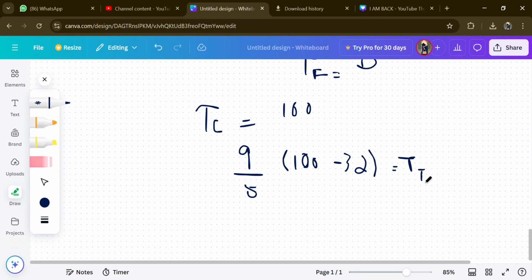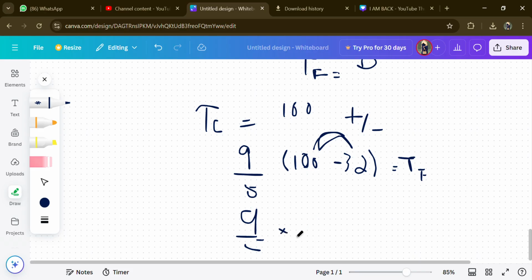Never ever try to cancel out the value unless you are performing the addition or subtraction first. Whenever you have the value like this, you cannot just cancel out 5 ones are 5 and 5 20s 100. You cannot do that unless the value is directly being multiplied. We'll first solve the subtraction, so it will become 100 minus 32.